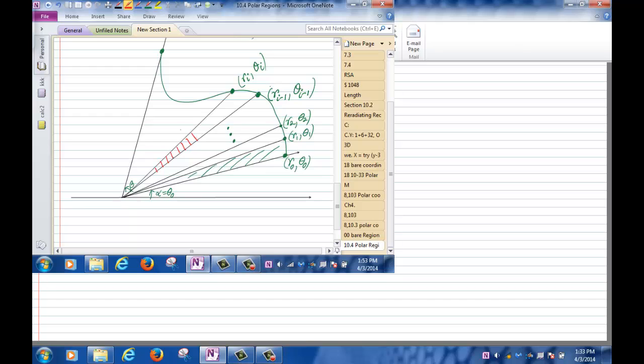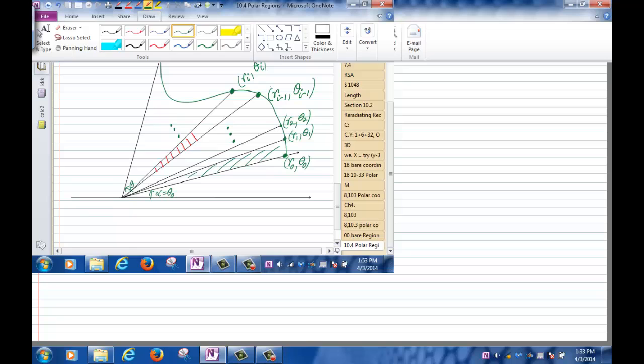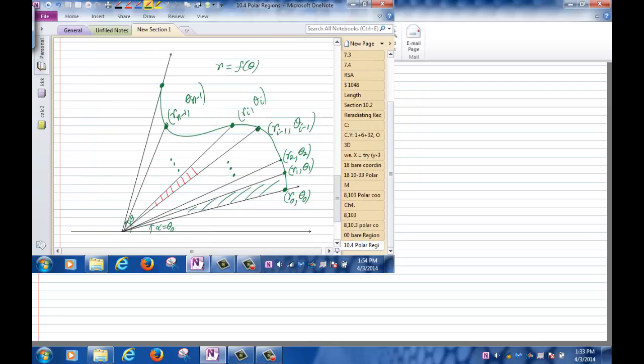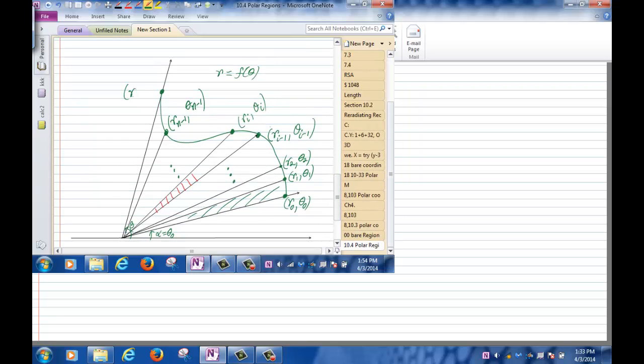And of course, then I have dot dot dot, and the last one would be the nth subinterval, which will correspond to this segment here. So this point here would be Rn minus 1, theta n minus 1, and this point here would be Rn theta n. Remember, theta n is the same as beta, okay? Theta n is the same as beta, theta 0 is the same as alpha.